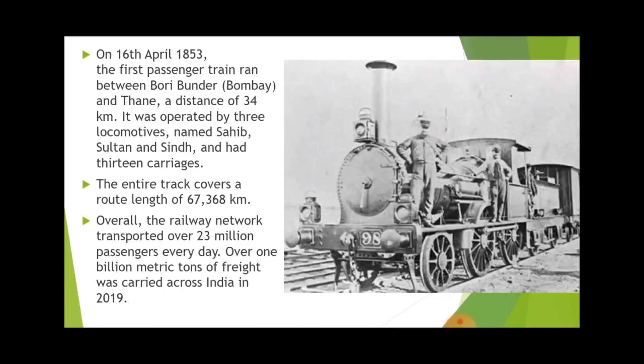This is the railway track, or the train network, which is laid in India, and the length covered is about 67,368 kilometers. Overall, the railway network transports over 23 million passengers every day. In India alone, over 23 million passengers travel every day.